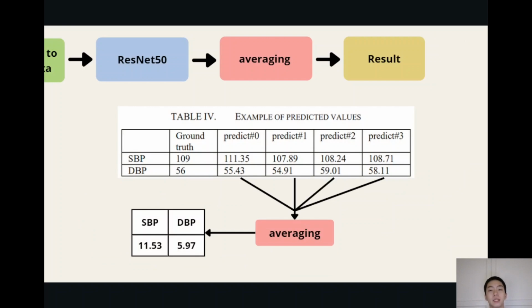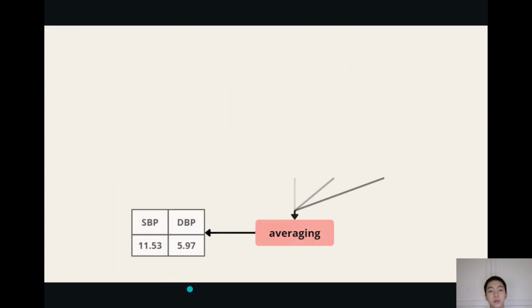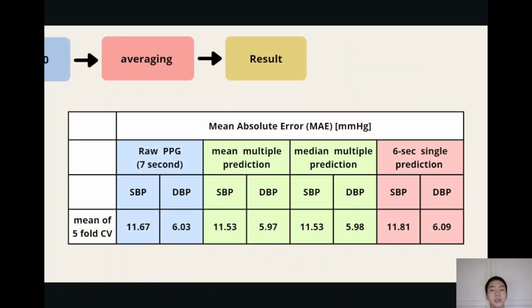For each 7-second data segment, four SBP and four DBP values will be predicted. We will then average the predictions to obtain a single DBP and a single SBP value. The table here shows an example of four predicted values and their average. We train the LeNet model with the 7-second data to be used as our baseline.